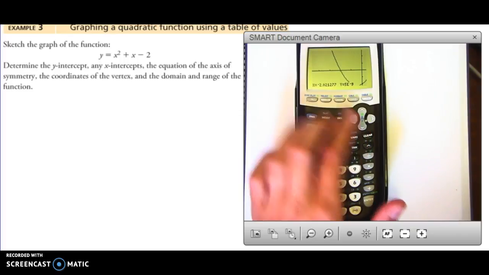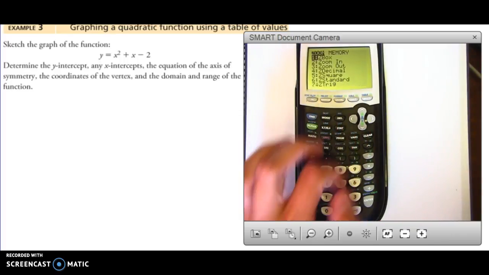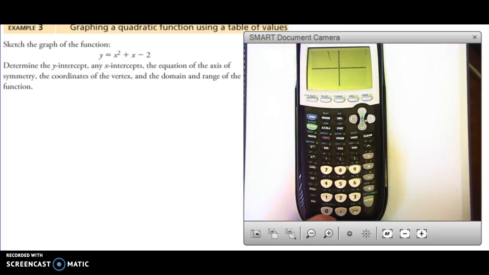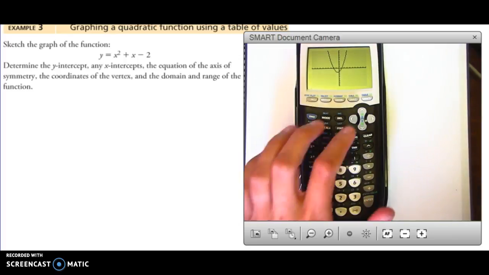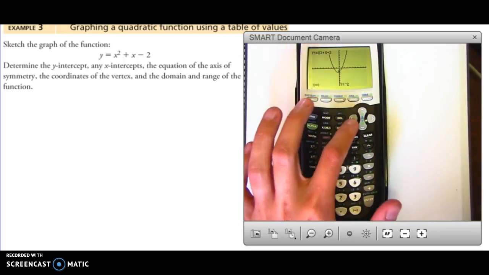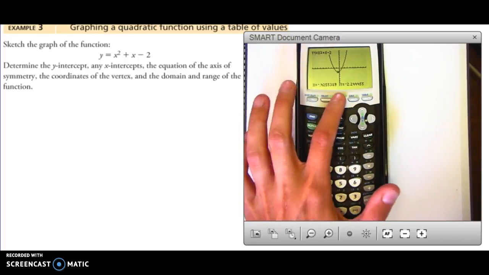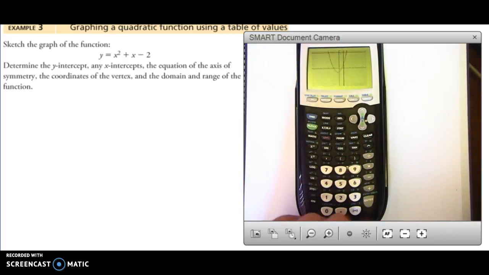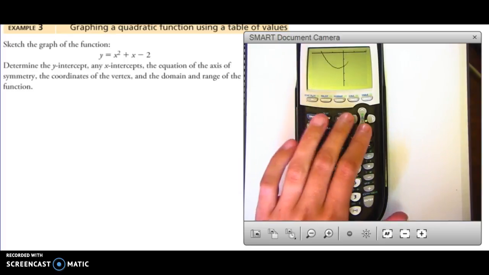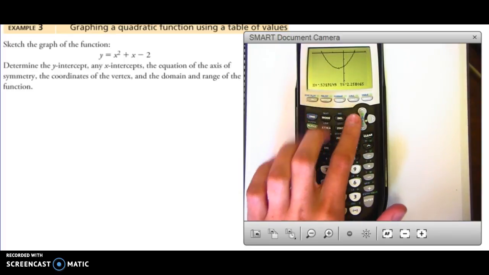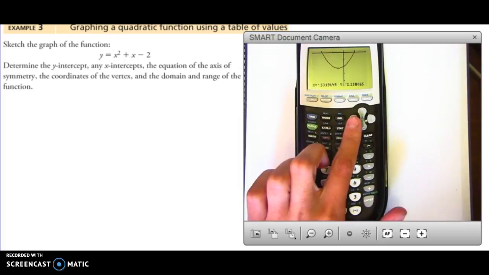For the equation of our axis of symmetry, I'll go back to my standard picture. The equation of the axis of symmetry has to do with the vertex. So if we trace down and find the vertex, I will zoom in on that point. It looks like the vertex for this one is negative 0.5 and negative 2.